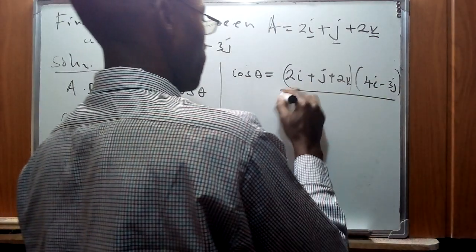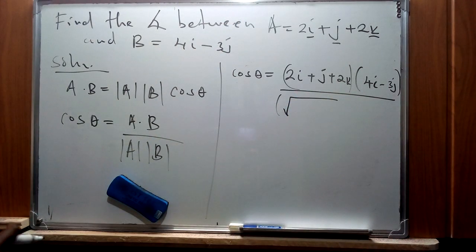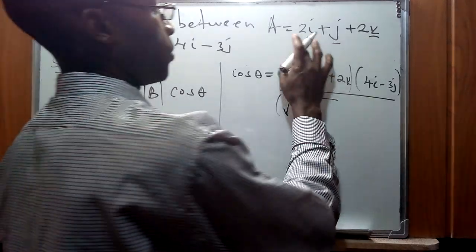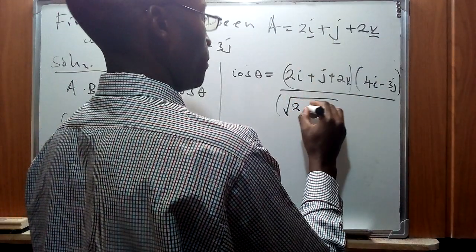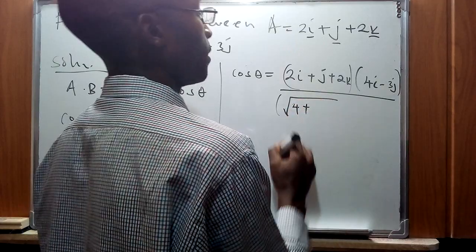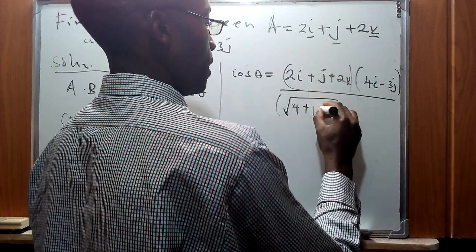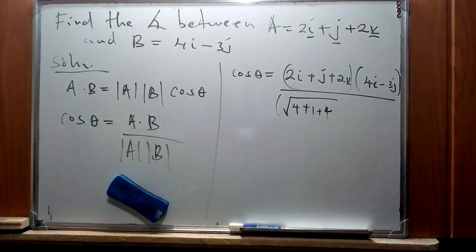The modulus of the first vector is the root of the sum of the squares of those components: 2 squared, which is 4, plus 1 squared, which is 1, plus 2 squared, which is 4.